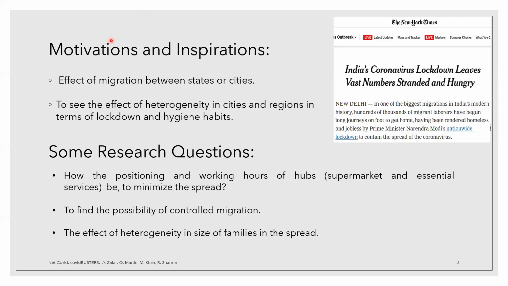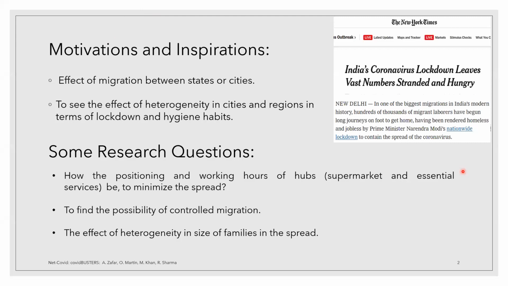So some time ago, India saw a nationwide lockdown which left millions of migrant workers stranded without food and supplies. So they started migrating from bigger cities to villages and all over the country. So this was pretty much what we had in our minds when we started. And as we moved on, we thought of incorporating the effect of heterogeneity in terms of lockdown measures and hygiene habits of different cities.